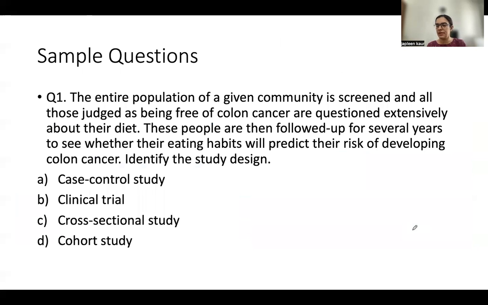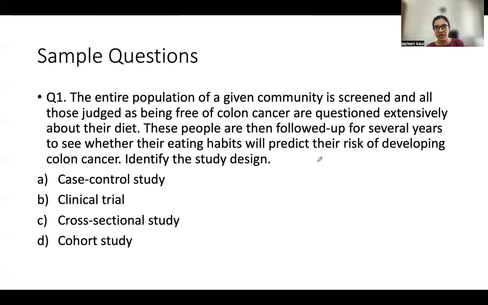Coming to the sample questions, just to know whether we have understood or not: the entire population of a given community is screened, and all those judged as being free of colon cancer are questioned extensively about their diet. These people are then followed up for several years to see whether their eating habits will predict their risk of developing colon cancer.